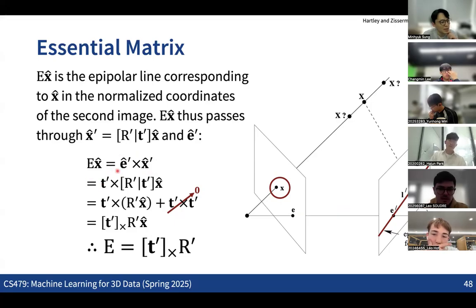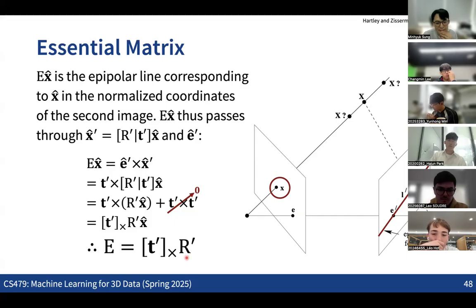And we know the epipole here is the same as the translation part. Based on that, we can derive that the essential matrix can be represented as the multiplication of the skew symmetric matrix, defined with the translation, and the rotation, basically showing the relationship between the essential matrix and the camera matrix that we are going to calculate.